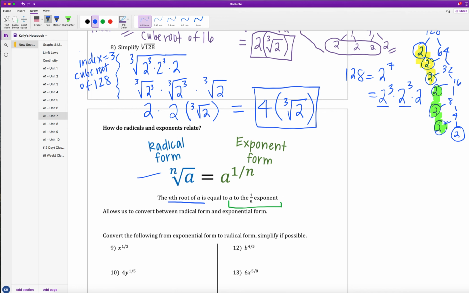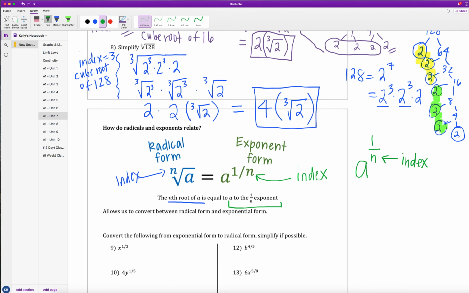So over here, our n, remember, is our index. Over here in exponential form, our index is still there. It's just the denominator of our exponent. So this a to the 1 over n, just to make sure we're clear, the 1 over n is the entire exponent, and that index is the denominator of that exponent.